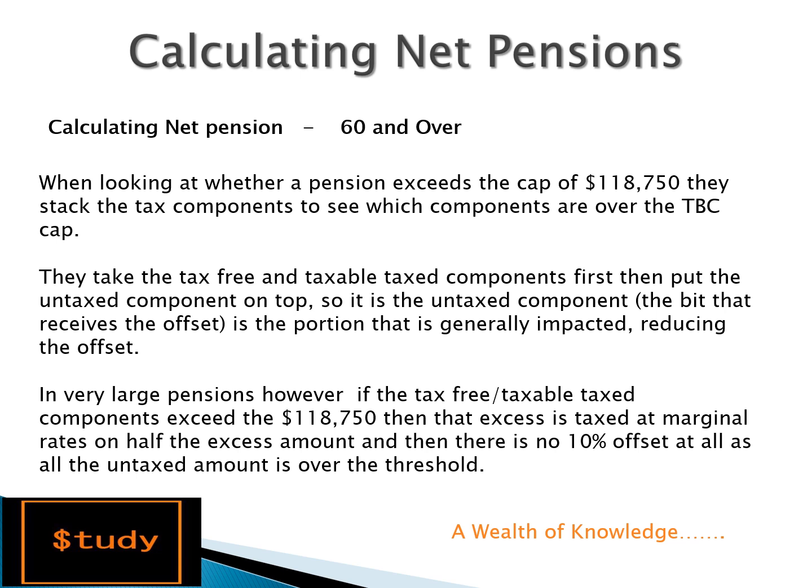So, if you had $130,000 of the tax-free and taxable components, you're over by about $12,000, that $12,000 would be halved, and you're paying normal tax on about $6,000 or so. And because your untaxed is put on top of all of that, there would be no offset at all because the whole lot of the untaxed is above the threshold.